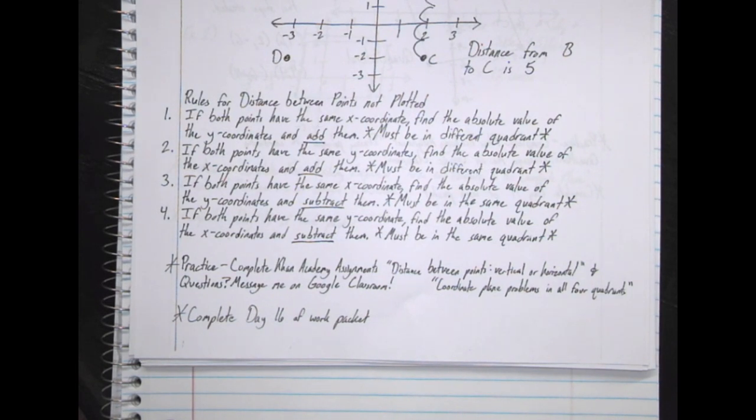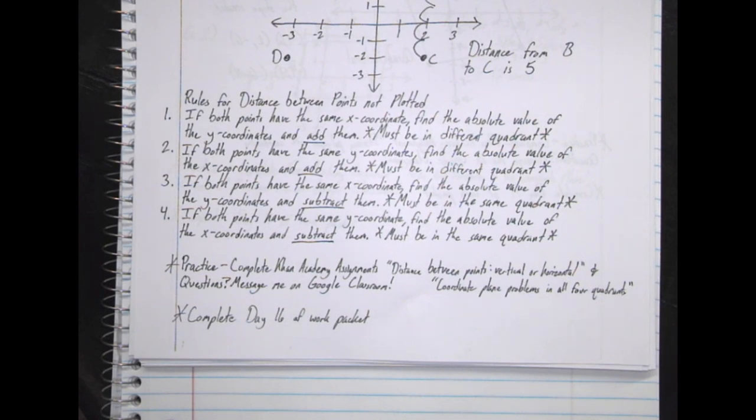If both points have the same x coordinate, find the absolute value of the y coordinates and subtract them. That's if they're in the same quadrant. So in this example, we don't have them in the same quadrant, but if they are in the same quadrant, meaning if your x coordinates for both points are positive or negative, they have to be the same, and the y coordinates are either positive or negative, they have to be the same, then you would find the absolute value of the y coordinates and subtract them if they have the same x coordinates.